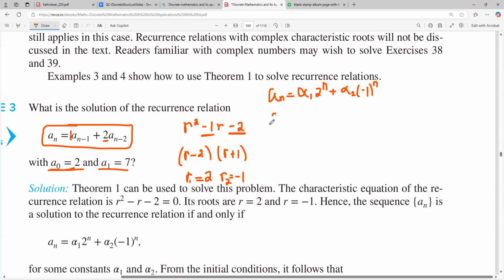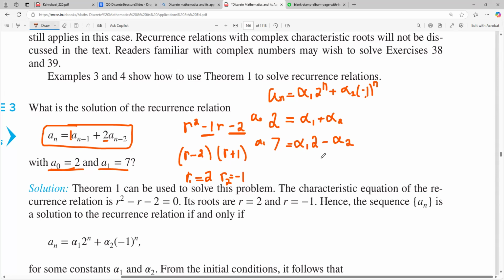So a0 is 2. 2 is going to equal alpha 1, 2 to the 0 is just 1, and minus 1 to the 0 is just 1. So alpha 1 plus alpha 2. And a1 is 7. 7 is equal to alpha 1 times 2 plus minus 1 to the 1, which is just minus 1. So let's do minus alpha 2.